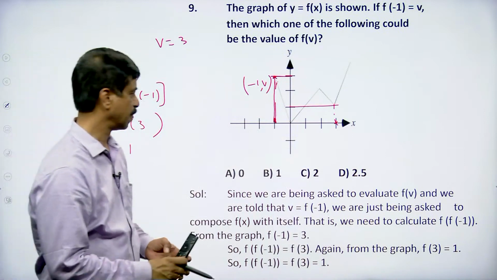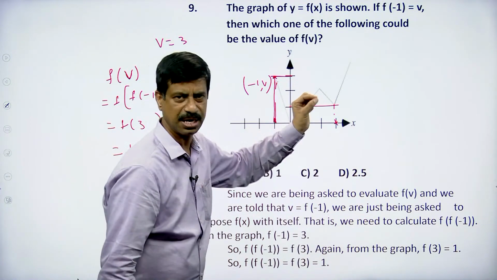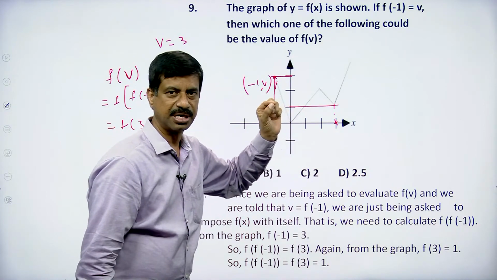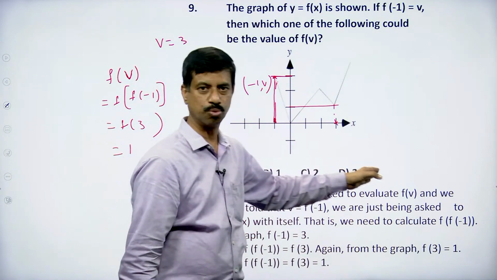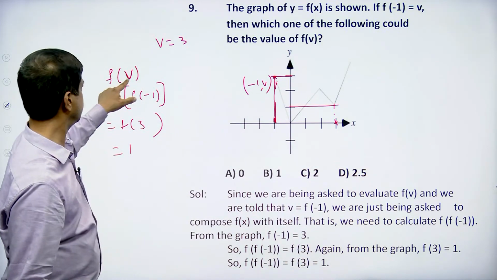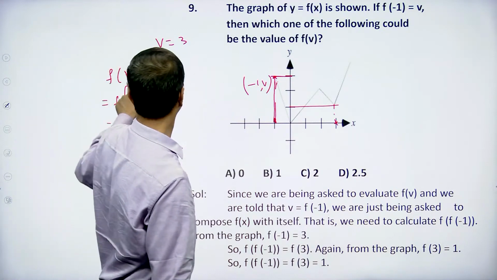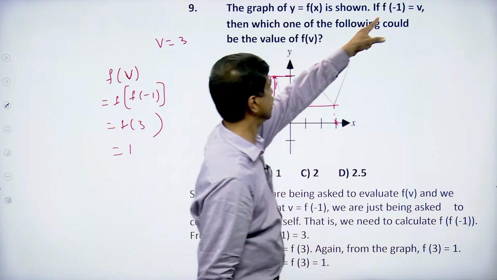Have you followed, children? So from the graphs only we should be able to identify, maybe little up and down, it does not matter, but taking it to the nearest value. So I think this should be clear to all. f of v, but v is f of minus 1 because already it is given here.